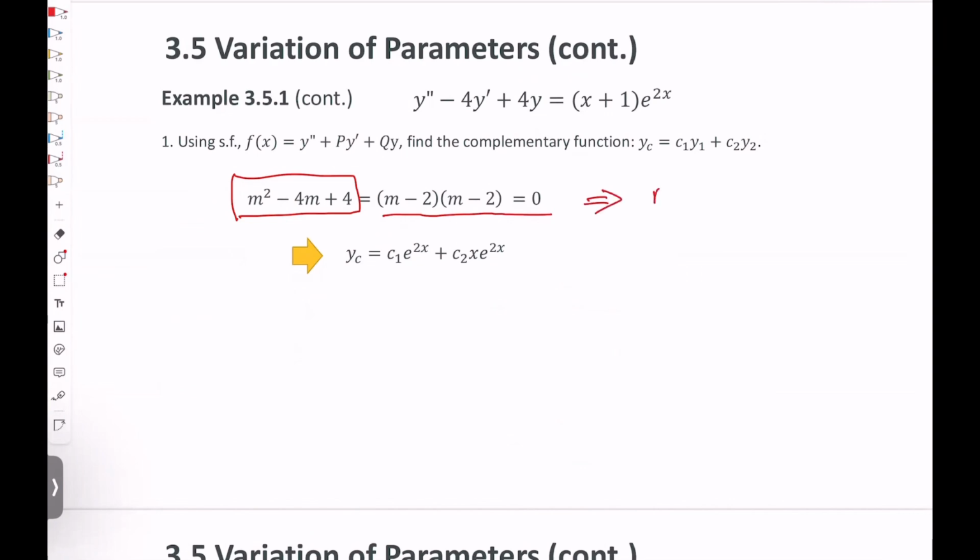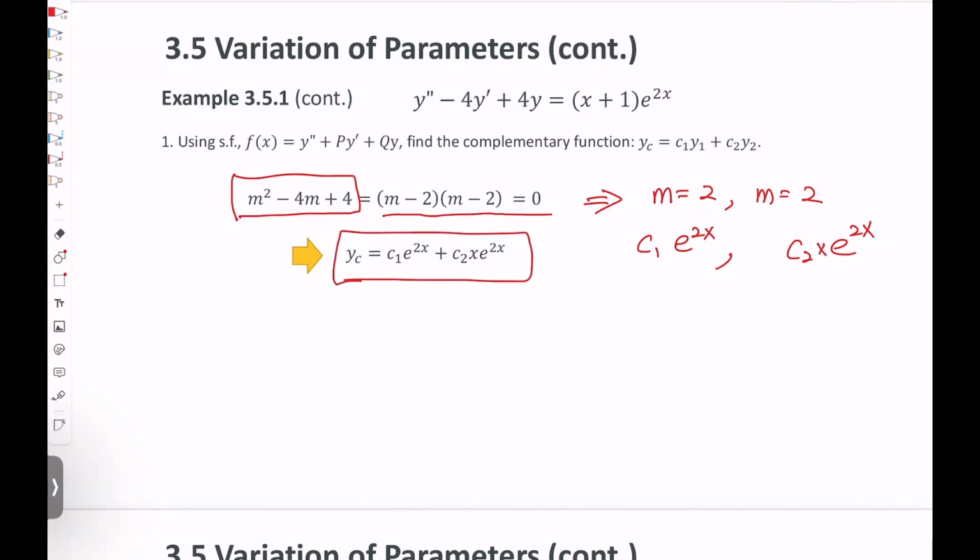From here, we have m equals 2 and m equals 2. So we have C1 e to the 2x and C2 e to the 2x. Well, they are repetition, so we need to multiply by x. So y sub c equals C1 e to the 2x plus C2 x e to the 2x.